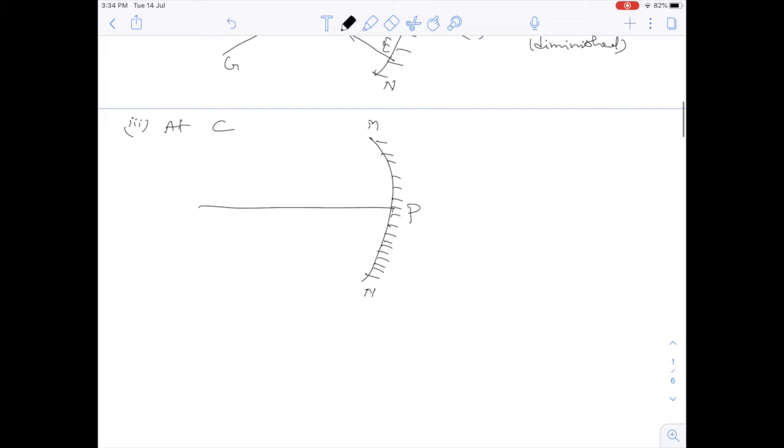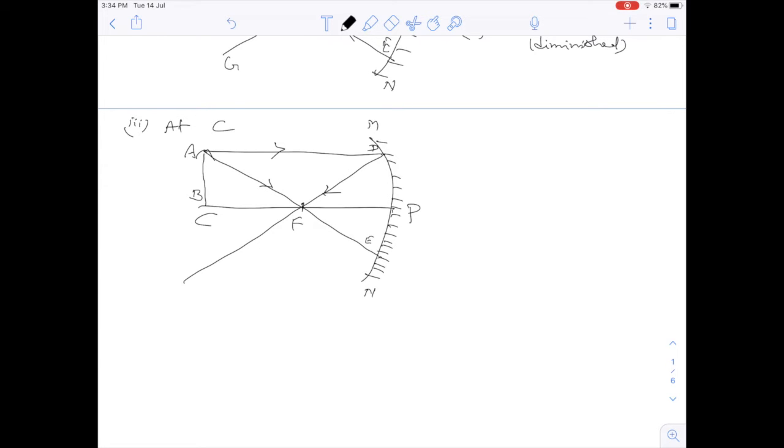Now this is F, this is C, and the object is at the center. Then from the object a light ray is incident at D and passes through F, and another light which is passing through F is incident at E on the mirror.